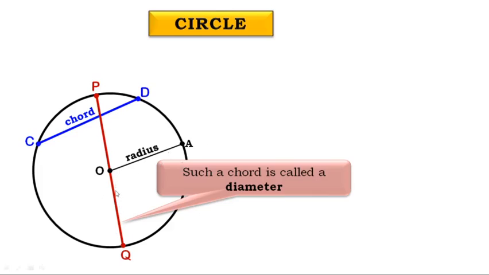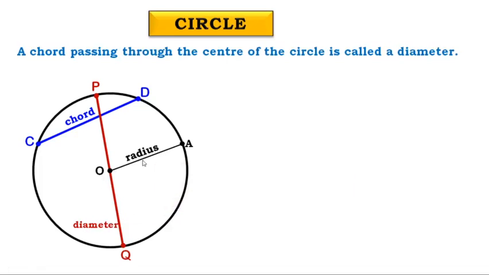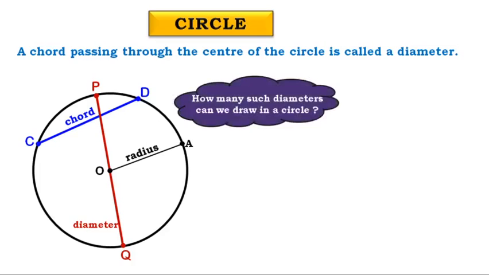Can I say that the diameter is 2 times the radius? I am saying it once again: diameter is 2 times the radius. So what is a diameter? It is a chord passing through the center of a circle. Remember this very carefully: we can draw an infinite number of diameters in a circle.